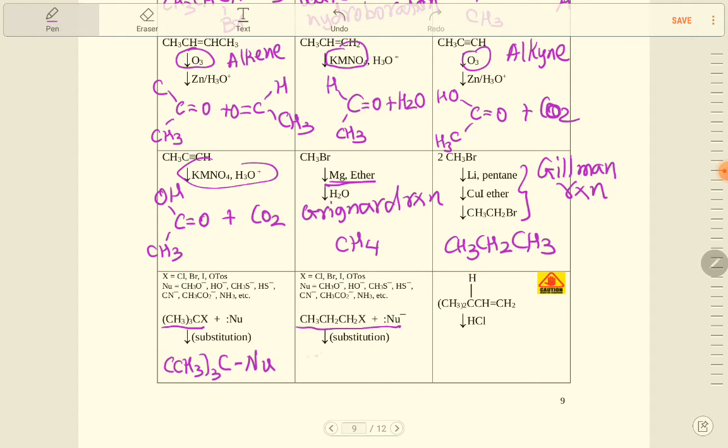For primary one, it's CH3, CH2, CH2, and U. In here it's HCl, so this one is, I'm gonna write the product, addition reaction, chlorine, CH3, this is just a single bond, CH2, CH3. So that way you can work on the products.